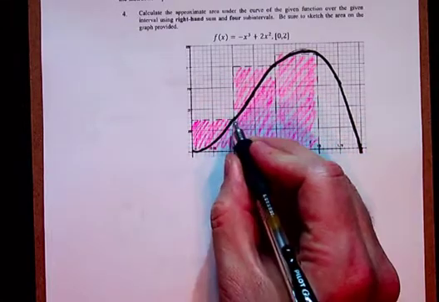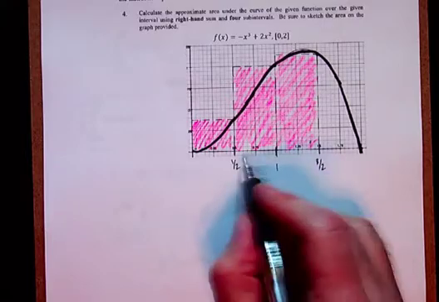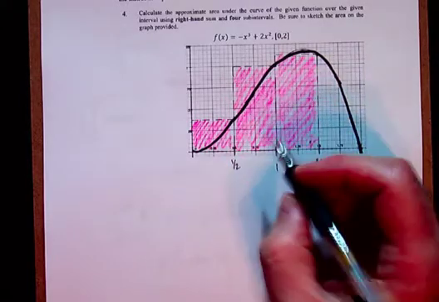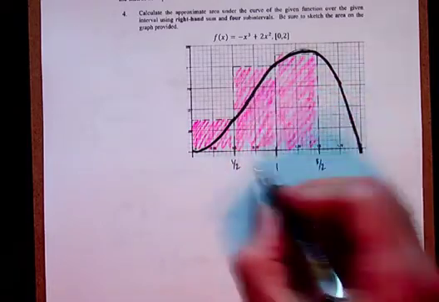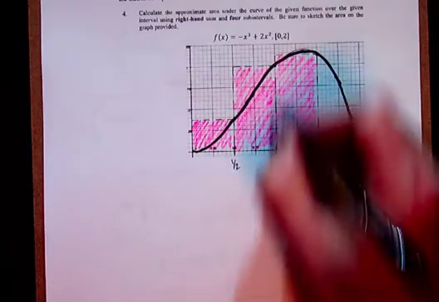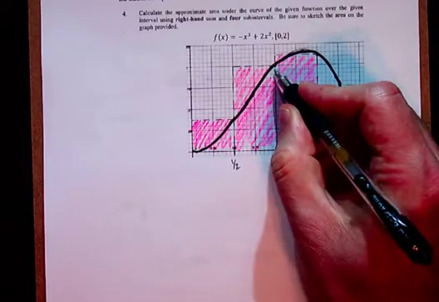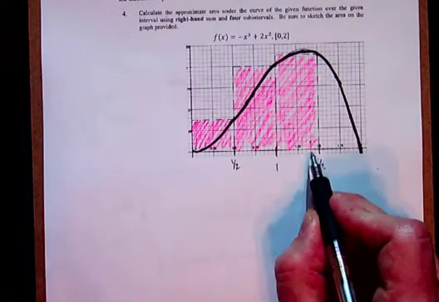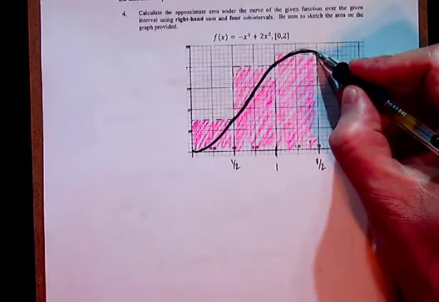times f of 1/2. You know that the height at f of 1 is going to be this one, so the area of this second rectangle is 1/2 width times f of 1 height. Third one, again, width of 1/2, height of f of 3/2.